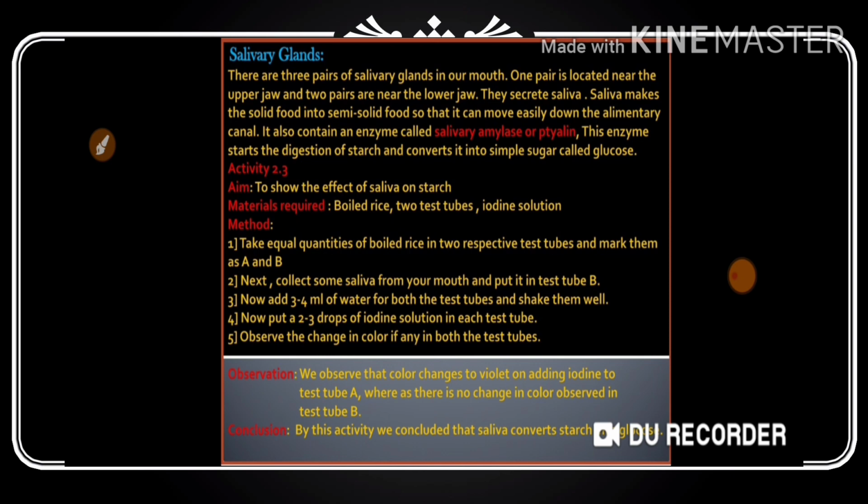When the color changes to violet in test tube A, it indicates that test tube A does not contain any saliva, meaning it initially contains starch completely. That's why the color changes to violet.